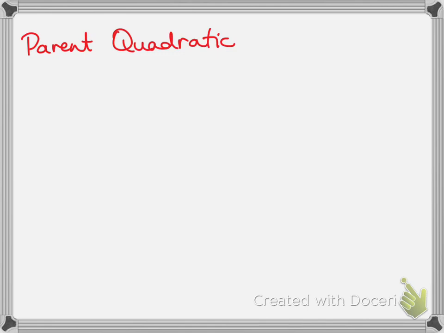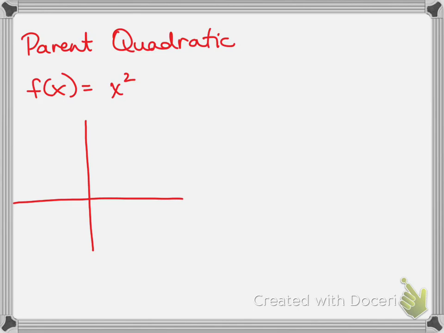So if we have the parent function for the quadratic, we're going to call it ax squared, and we're going to talk about if a is greater than 0. Actually, let's just do x squared. Then we would be able to build a graph for that. If x is 0, y is 0.